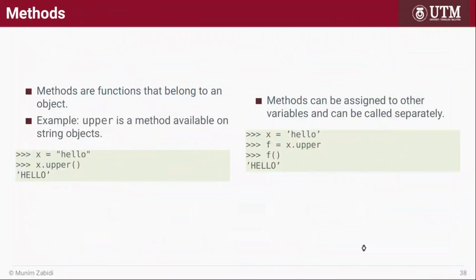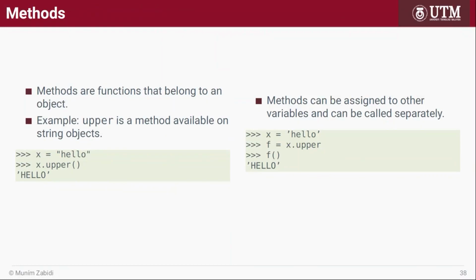Then we go to another type of function called methods. A method is a function that belongs to an object. Remember that Python is a language that supports object-oriented programming. In an object-oriented programming language, a function can belong to a class or an object.